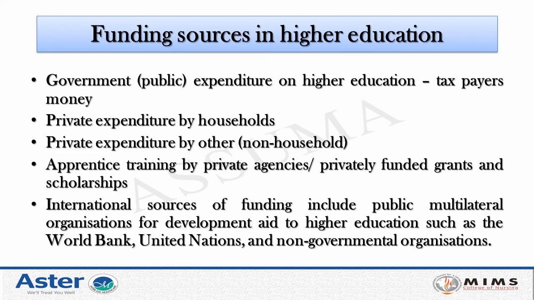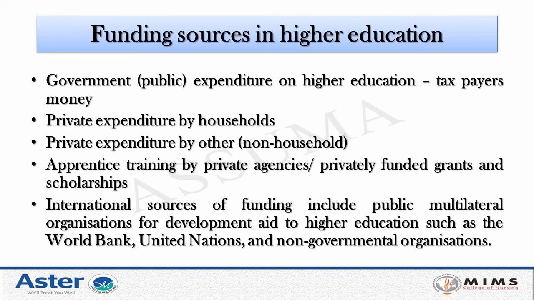Then funding resources in higher education. We know that in a government setup, public expenditure on higher education is from taxpayers' money. But private expenditure by households refers to expenditure on higher education by the students and their families, that is, the money spent by the family for their children's education, like tuition fees, purchase of books, hostel fees, transport, and so on.